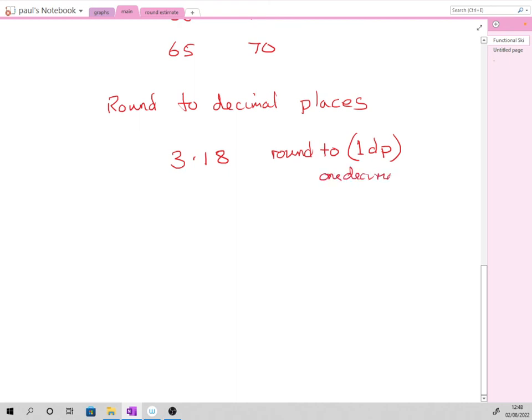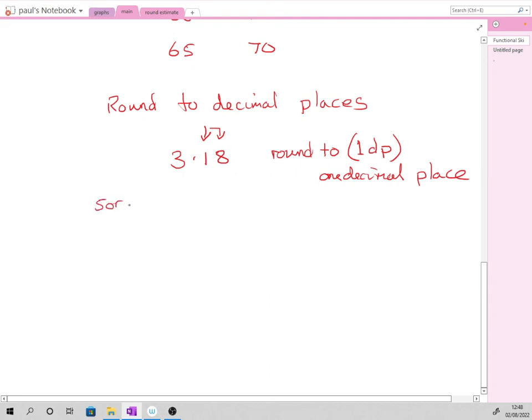Now this means that we want this number to be rounded so we see nothing after the first decimal place. So there is our first decimal place, which is immediately after the decimal point. Now the number that determines whether you're going to round up or down is going to be the next number along, the 8. So if it's 5 or more, you round up.